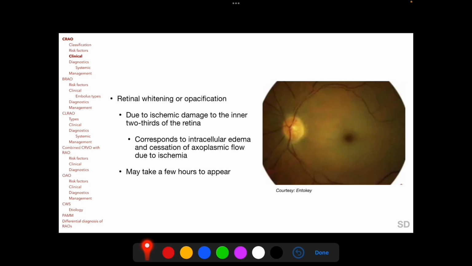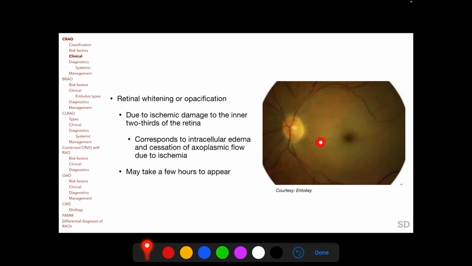As we have mentioned earlier in this session, the two characteristic clinical signs of central retinal arterial occlusion, which can be detected on fundus examination, are retinal whitening or opacification and a cherry red spot. The retinal whitening or opacification occurs due to ischemic damage to the inner two-thirds of the retina, which is supplied by the retinal circulation.